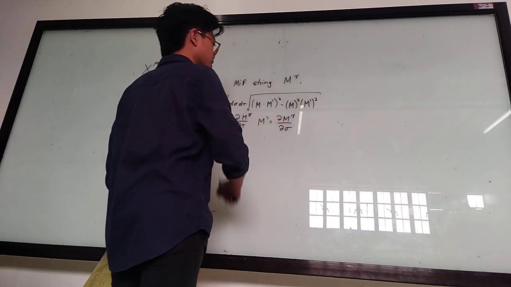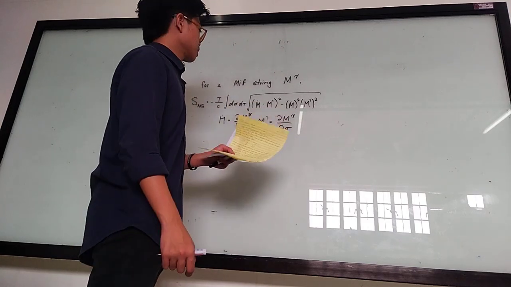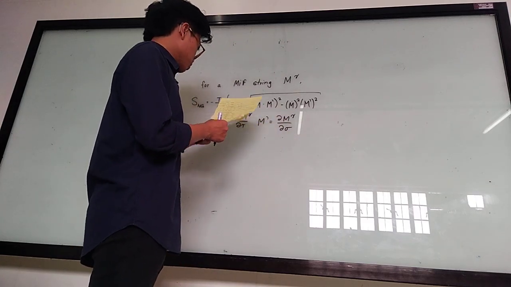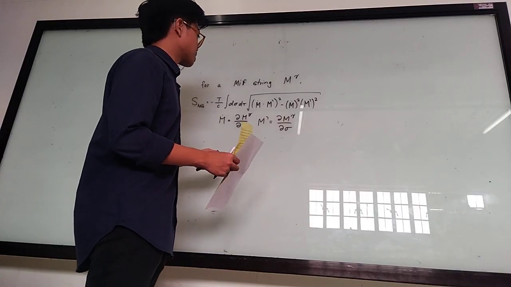And the square, I already defined it last time, is simply the contraction of our vector with respect to the ambient space-time metric.